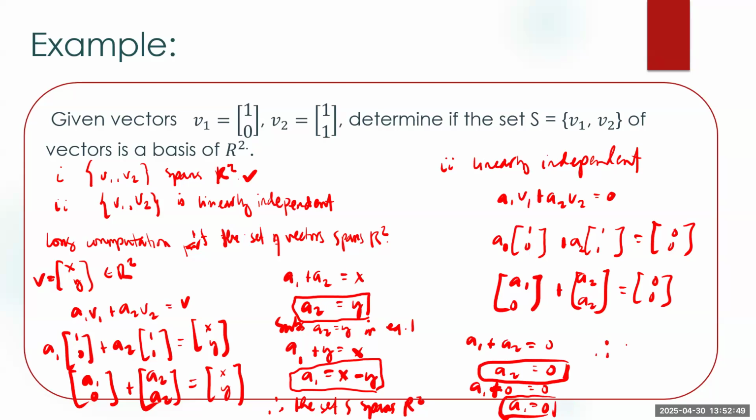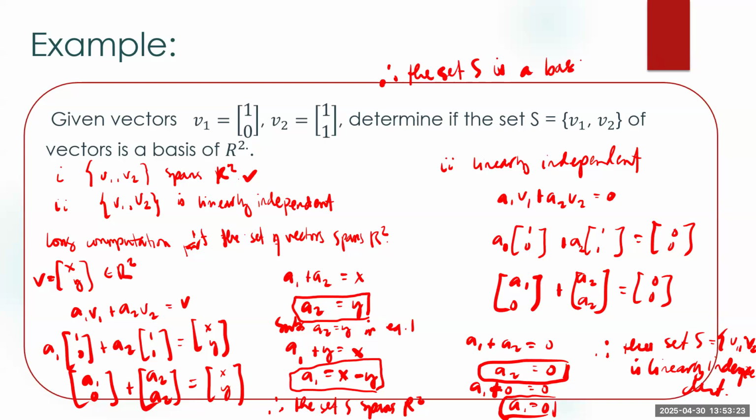Therefore, the set S, which is equal to v1, v2, is linearly independent. Therefore, we can say that the set S is a basis of R2.